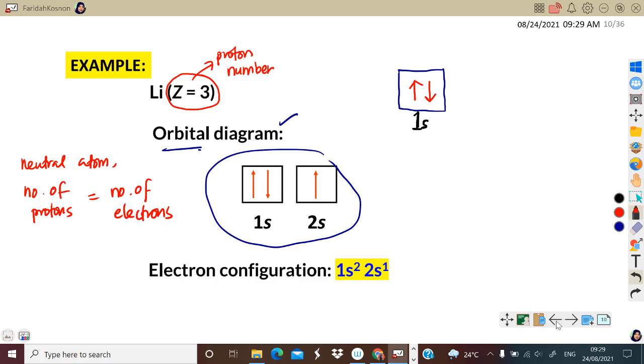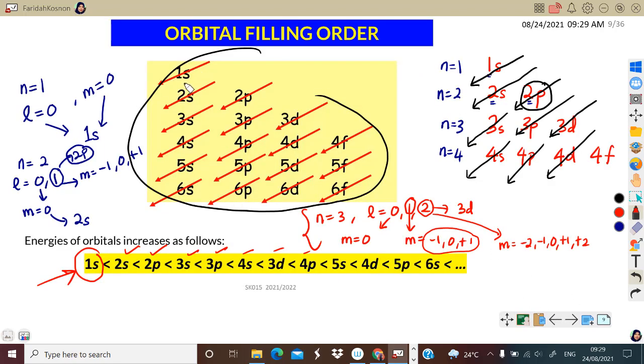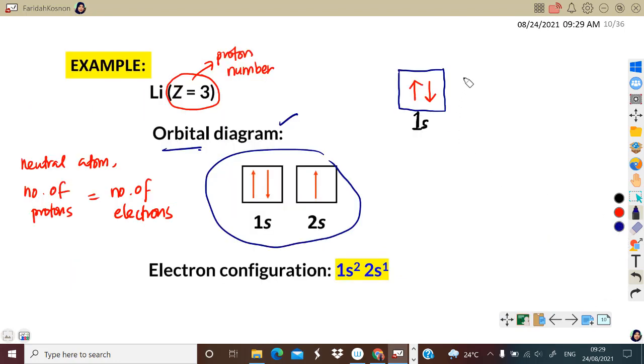Nak isi kat mana? Tengok ataupun ingatlah orbital filling pattern ini. Bila 1s dah penuh, baru kita pergi kepada 2s. Now continue with 2s orbital. Sama juga, draw the box. Ada gap sikit kat situ. Labelkan sebagai 2s.